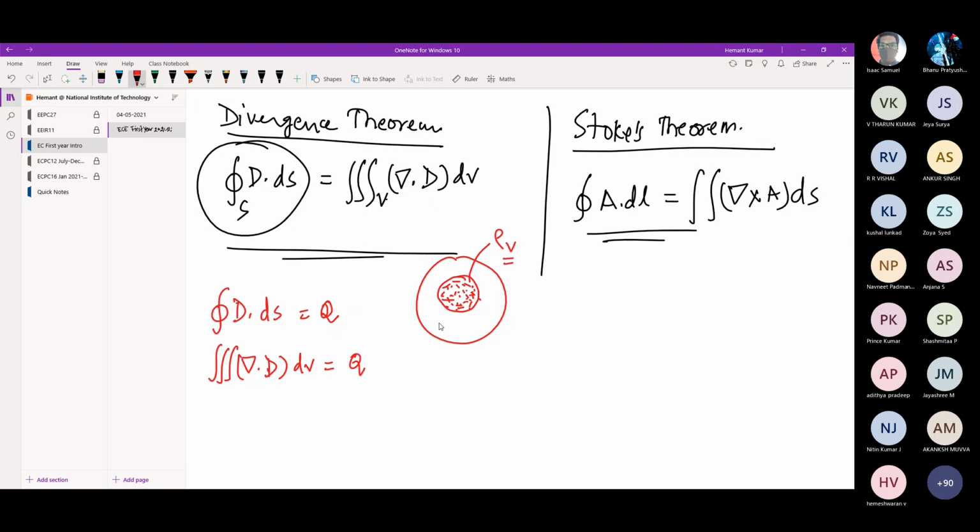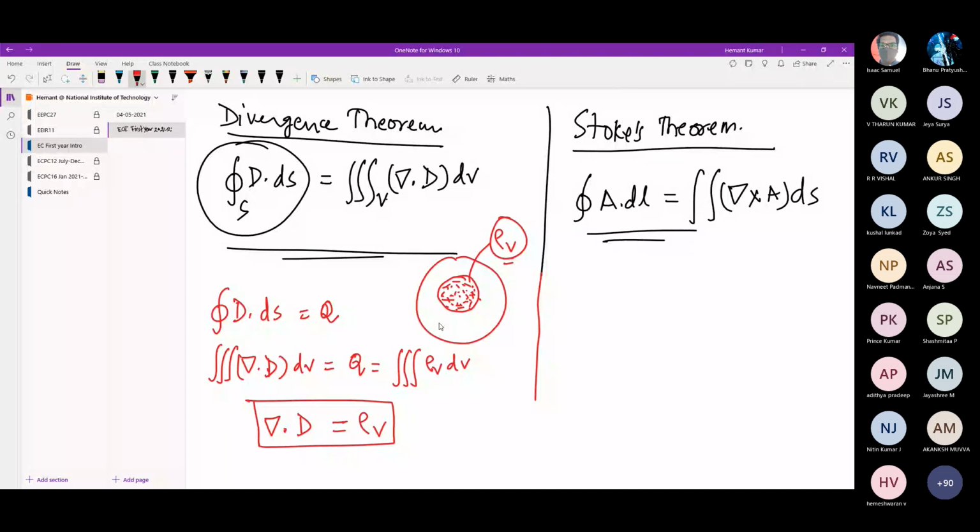So the total charge will be how much? The volume integral of this particular value, right? So the volume integral of rho v dv, triple integral. If you now equate these two equations, the left hand side equal to the right hand side will give you del dot D equal to rho v. And this is nothing but the divergence of electric flux density. The divergence of electric flux density is equal to the volume charge density present inside the closed surface.